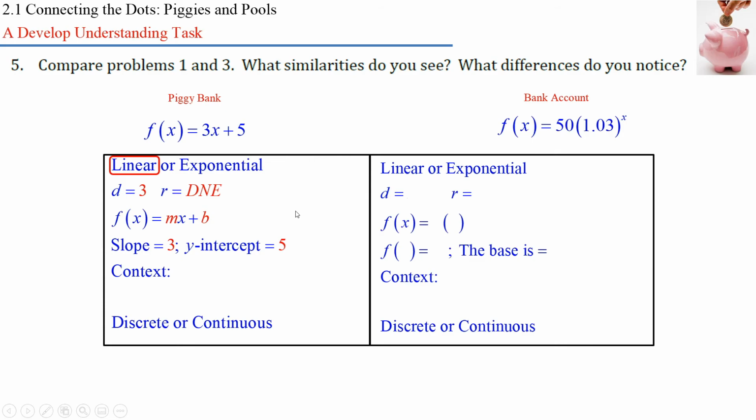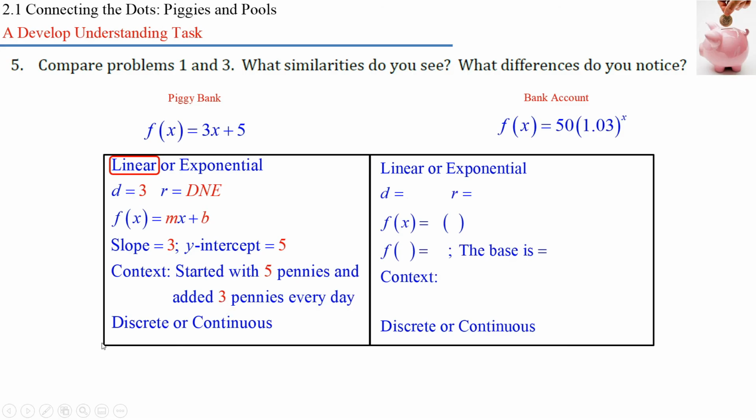Let's put this into context then. So this individual started with how many pennies? Well, where do you see that? In the equation, the plus 5 pennies. And we see that with the y-intercept of 5 right there. So started with 5 pennies and added how many pennies every day? Well, we see that with the common difference or the slope. So 3 pennies every day.